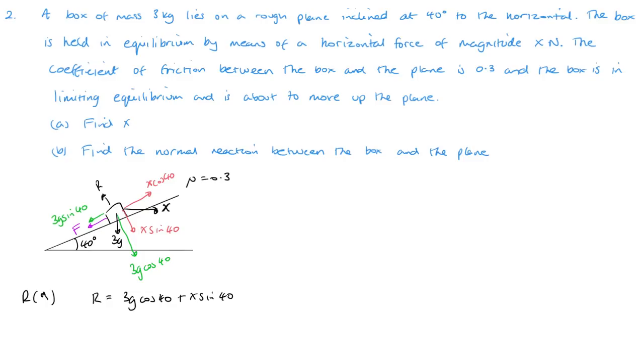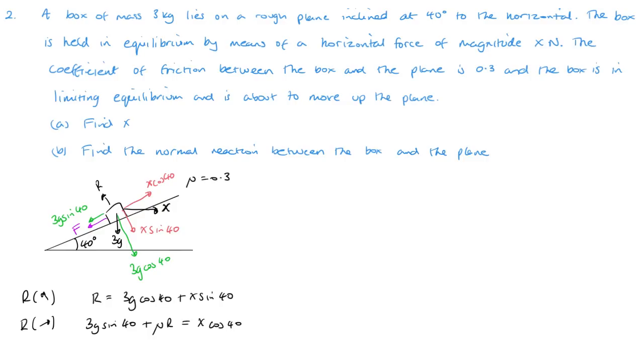Now we've got R and X in this equation, so that doesn't currently help us. So we need to also resolve parallel. And going down the slope will be 3G sine 40 plus the friction, which is mu R. And going up the slope will be X cos 40.